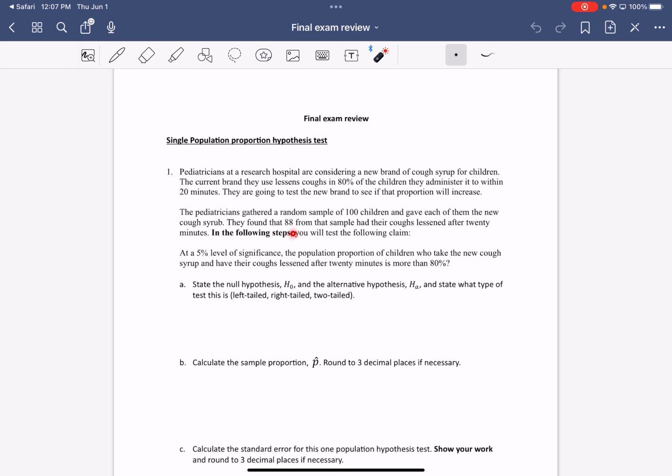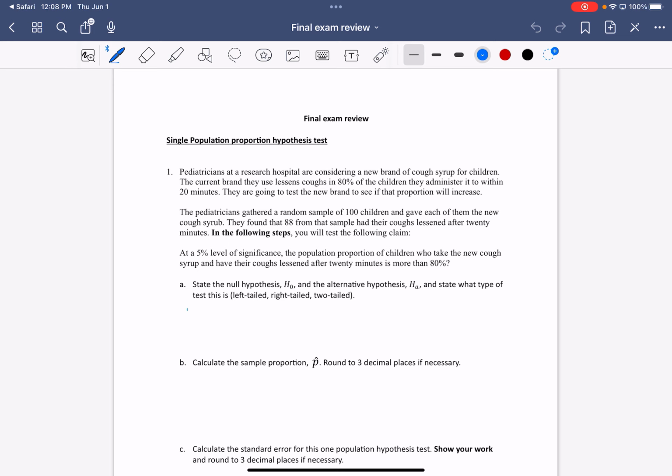They found that 88 from the sample had their coughs lessened after 20 minutes. In the following steps, you will test the following claim. So here's the claim. At a 5% level of significance, the population proportion of children who take the new cough syrup and had their coughs lessened after 20 minutes is more than 80%. Okay? So, part A. State the null hypothesis, the alternative hypothesis, and what type of test this is.